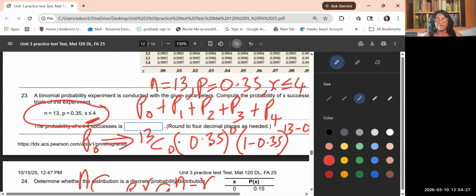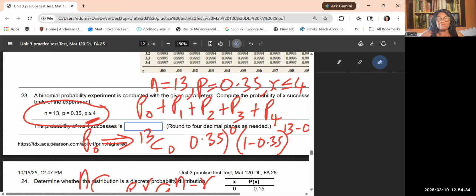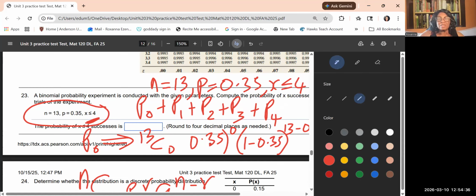Success is 0.35, and I'm taking away one to the small point. Success to power 0, the random variable.